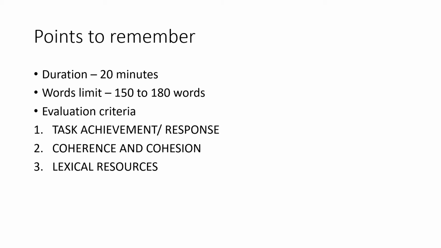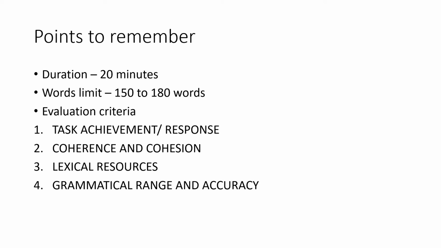It is nothing but the vocabulary which you use to write. They will see if there are no repetitions of the same words very often, and also if the words which you have used are related to the given topic. Finally, the last evaluation criteria is the grammatical range and accuracy.